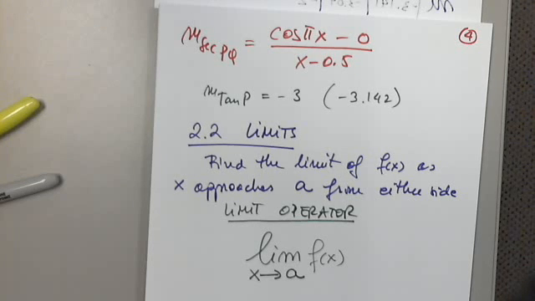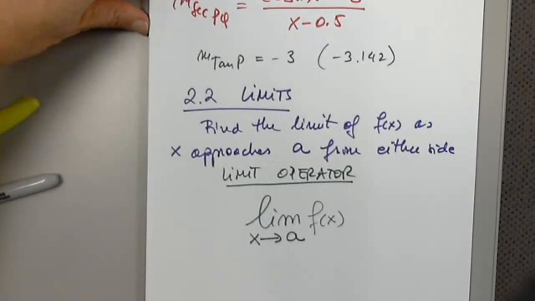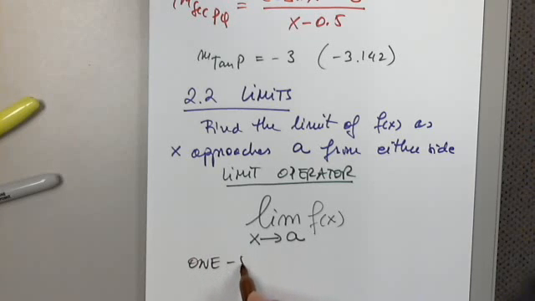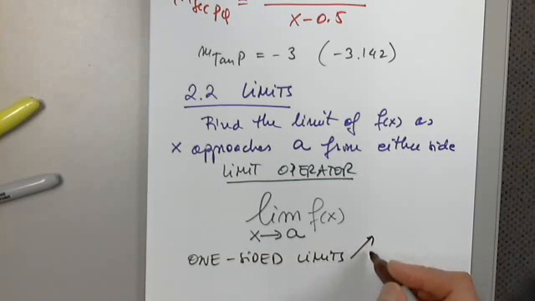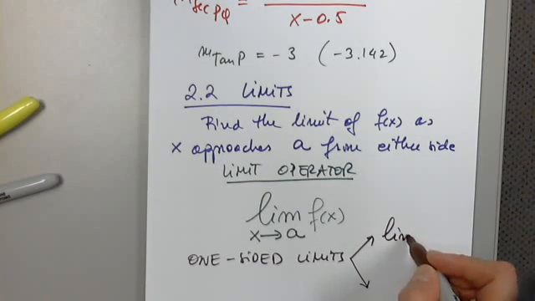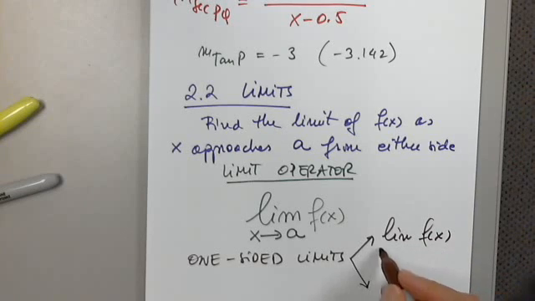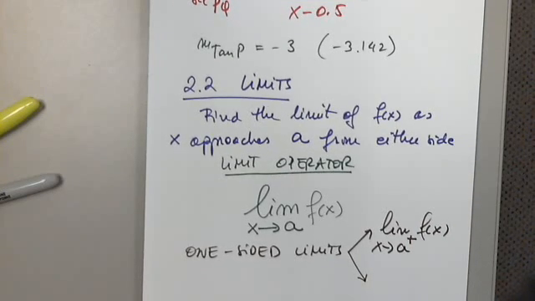We can also have one-sided limits. There are two possibilities. LIM, limit of f of x as x approaches a with the plus as the power for a. And the other one, LIM of f of x as x approaches a with the power that is negative.